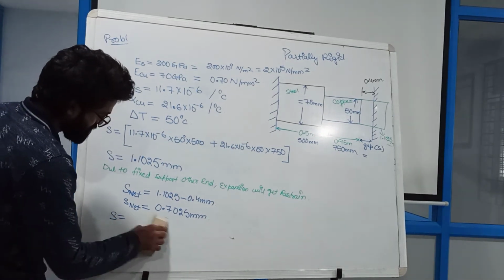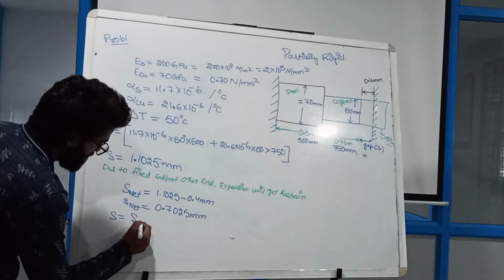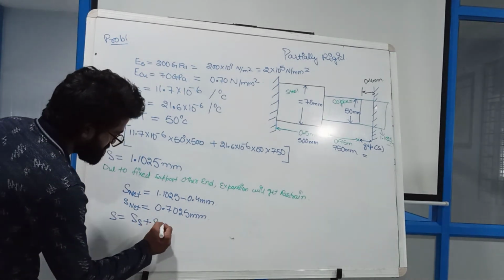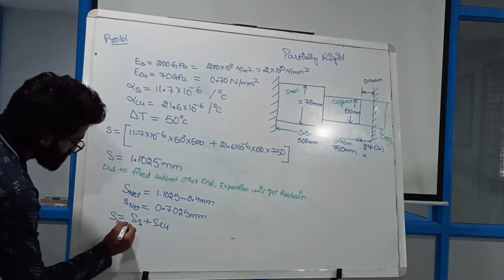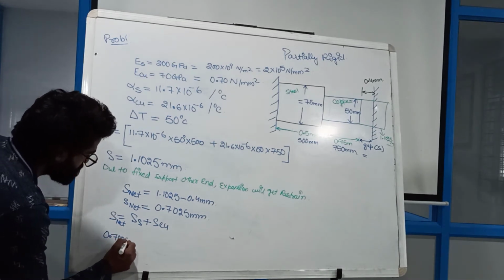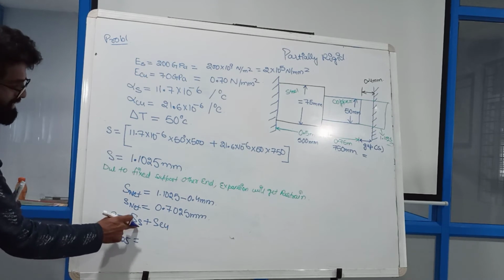This delta is equal to delta S plus delta Cu. So I got delta net, so delta net is equal to 0.7025, and this delta S is for steel.